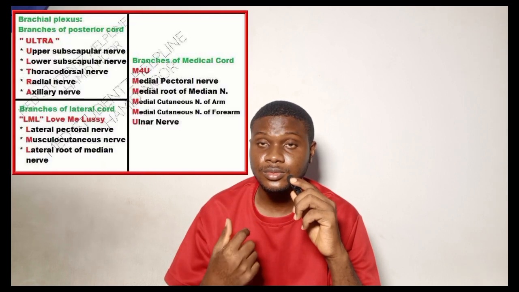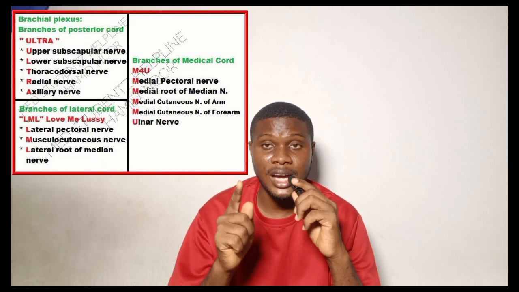Emerging between the what? The anterior scalenus muscle and the middle scalenus muscle. That is where the root of the brachial plexus is located. So if they ask in an MCQ, this is the location of the root. At least you will be able to answer from this video.